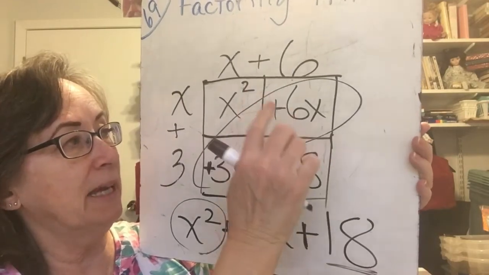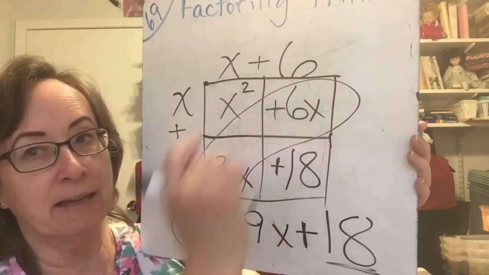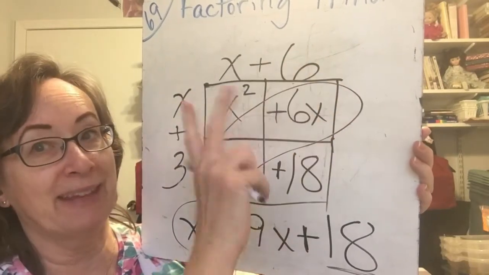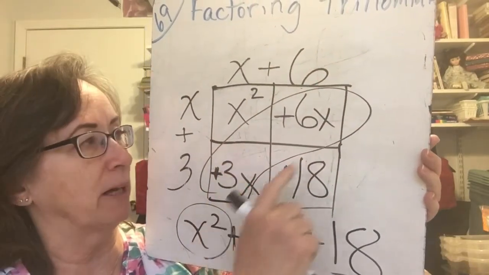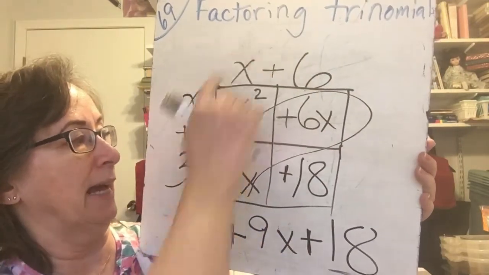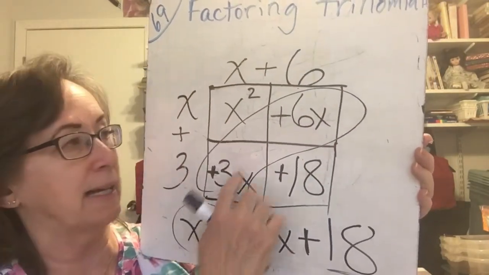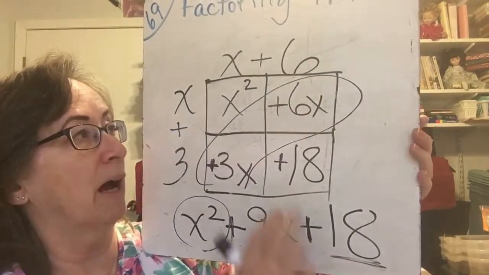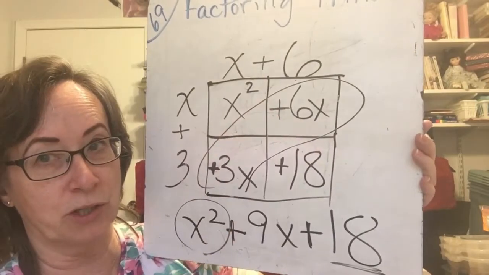And then when I take, thinking of foiling, this one we had the outside and the inside of FOIL. The 6 times the x is the 6x, and the x times the 3 is the 3x. And this middle term is the sum of these 2 terms.